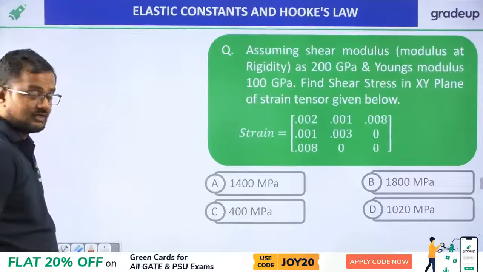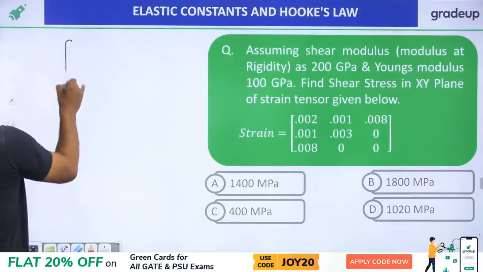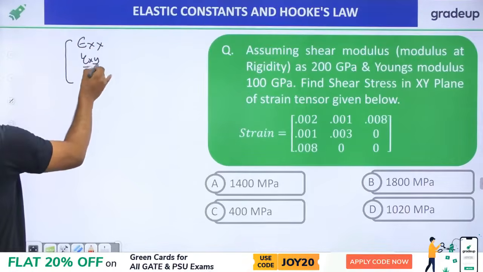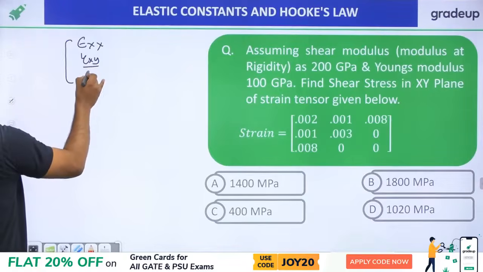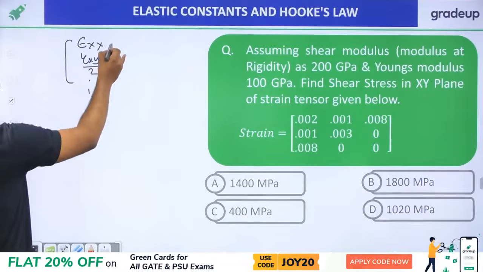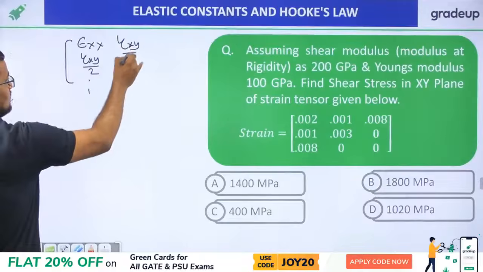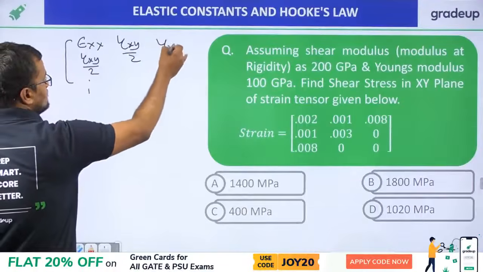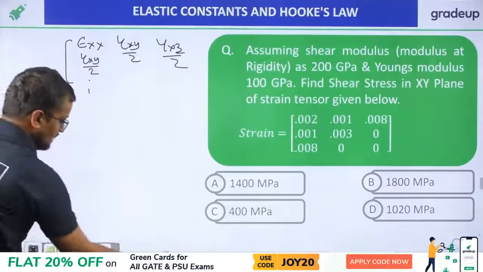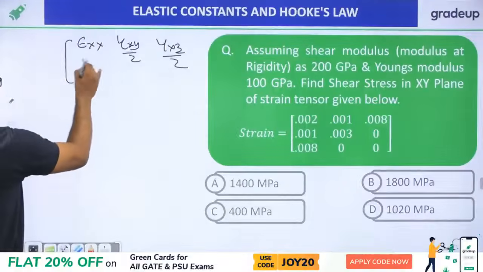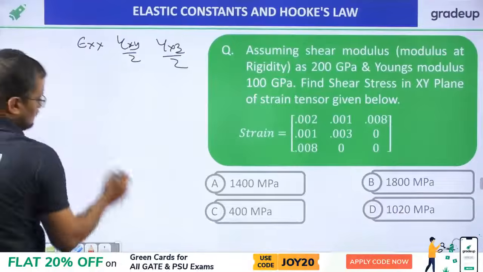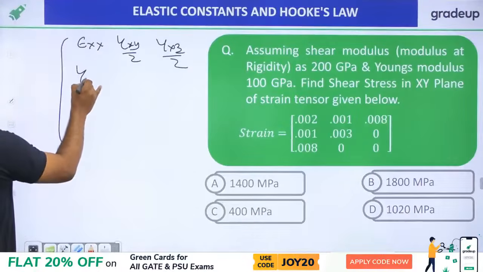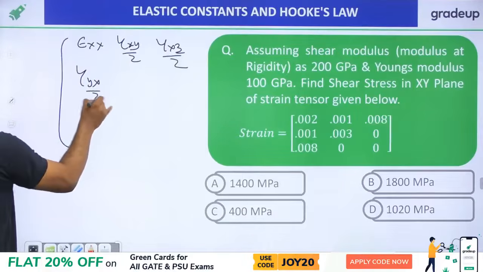You remember the strain matrix? Strain matrix was something like this: epsilon xx, gamma xy by 2, and here gamma xz by 2, and here it was gamma yx by 2.